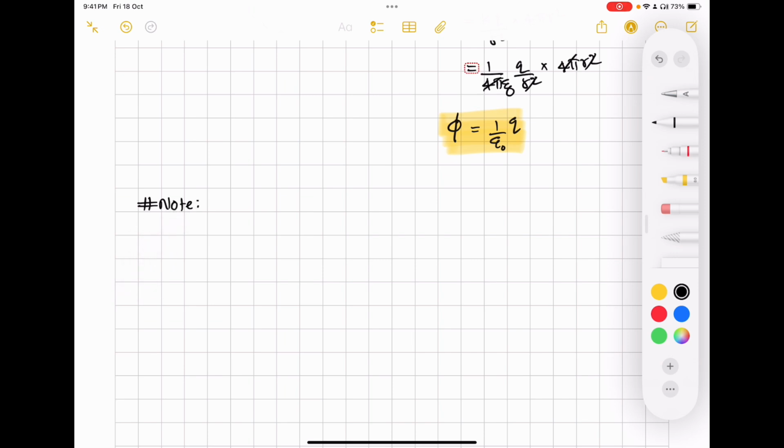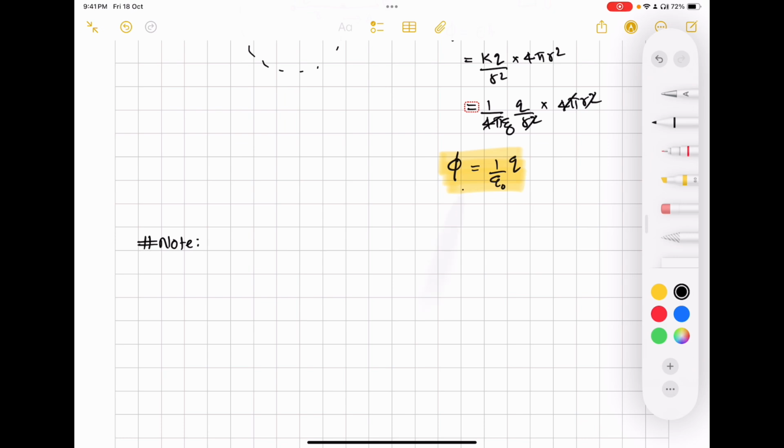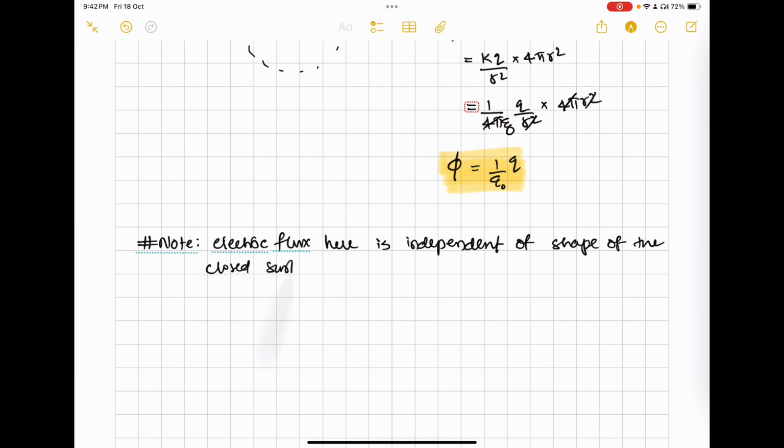Note from this equation it is very clear that the electric flux is independent of the shape of the closed surface.